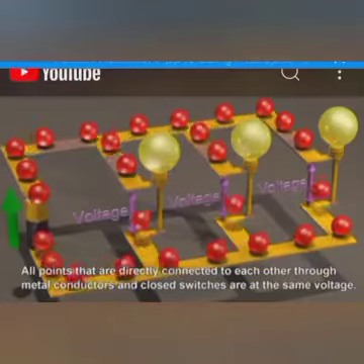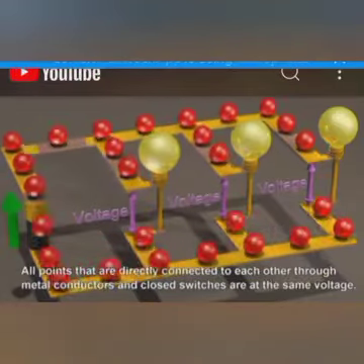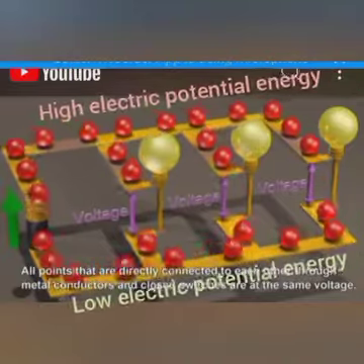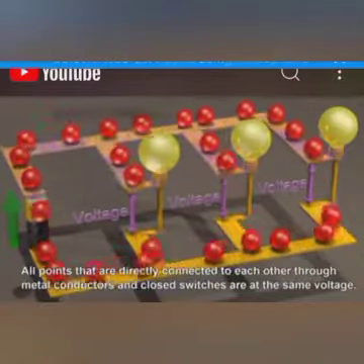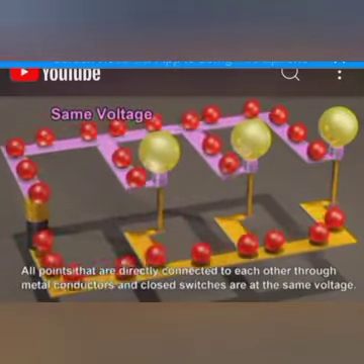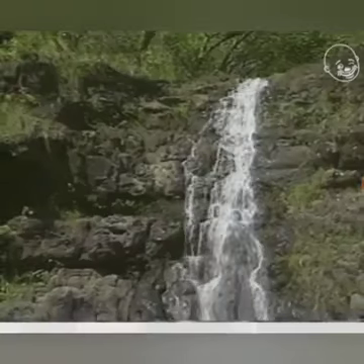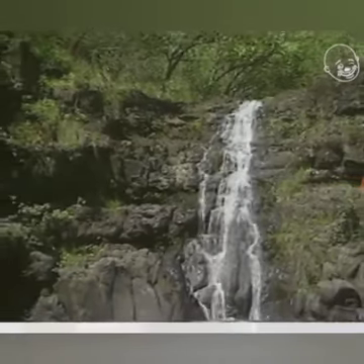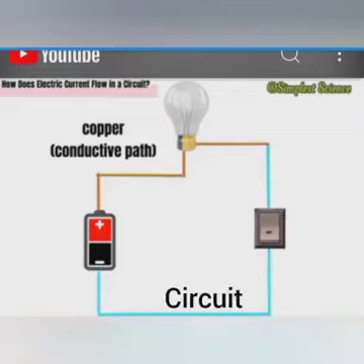This is the same as the electrical system shown, also with high and low electric potential energy ends. 2. In both cases, there is flow of particles from high potential energy to low potential energy. 3. There is a complete path through which particles in each system flow. In the electrical system the path is called a circuit.